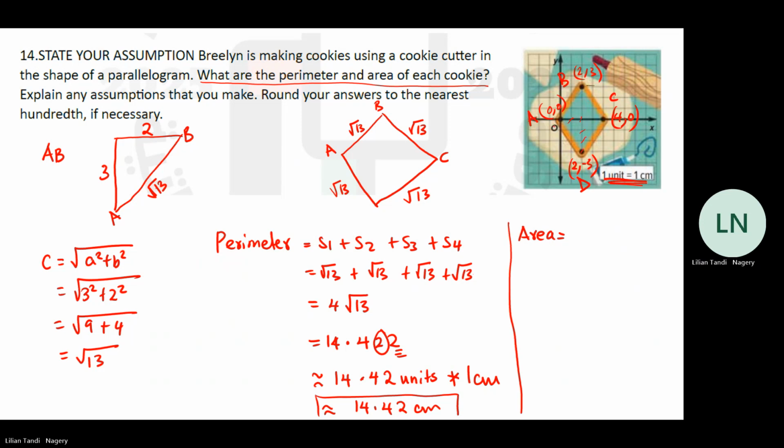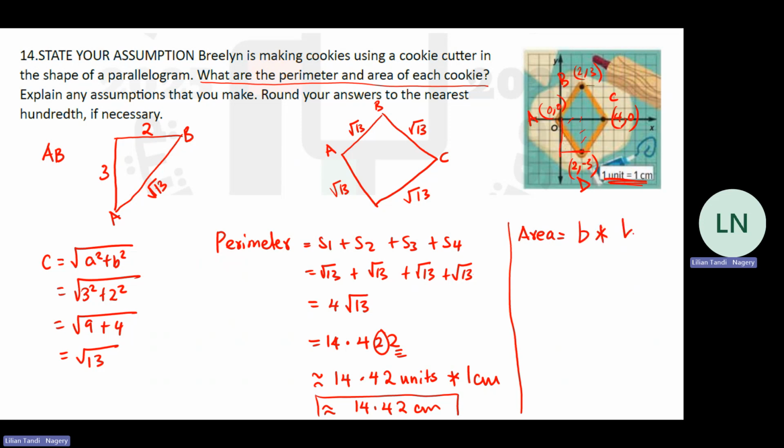So what's the perpendicular distance? That means I go down here and I go here. So how many boxes did I use? 3. 1, 2, 3. So the perpendicular distance will be, the height of this rhombus will be 3.